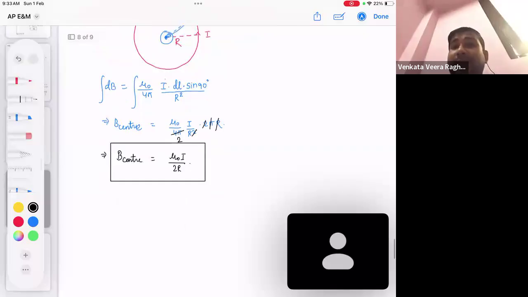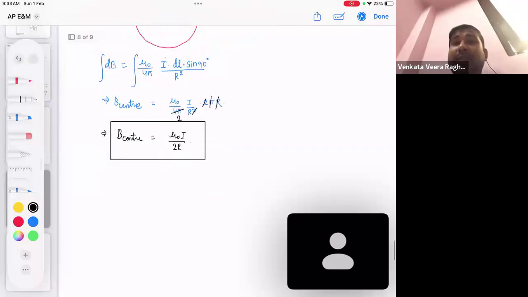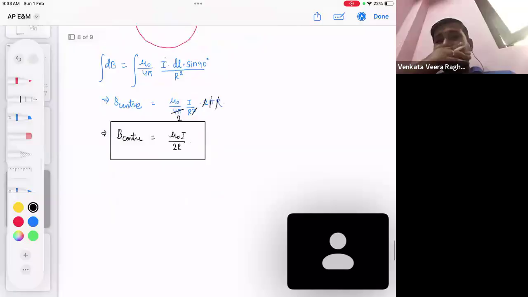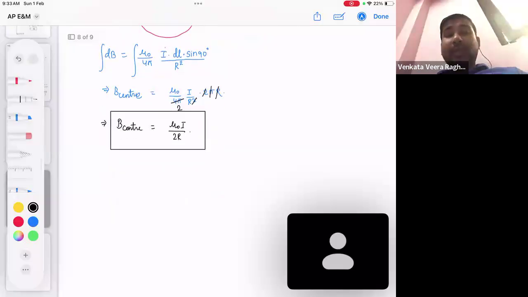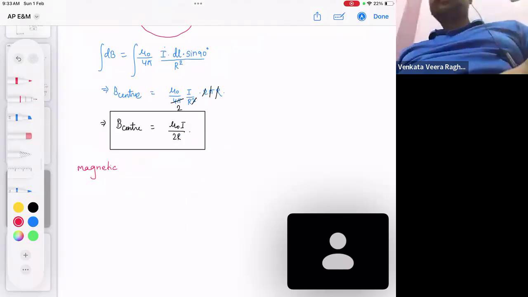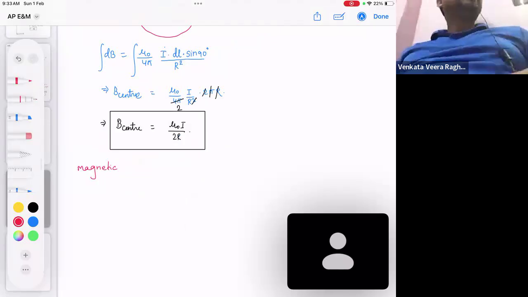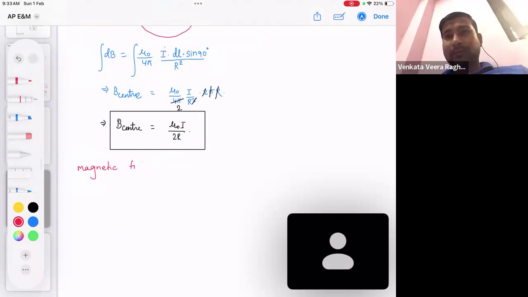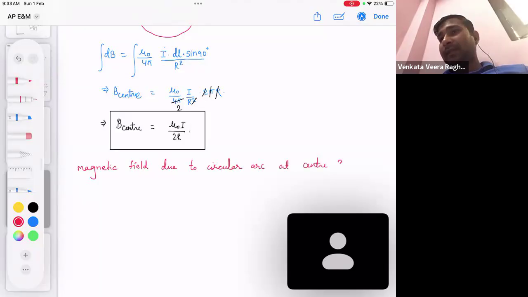So the magnetic field due to a circular arc, if you are calculating, instead of the complete loop, the magnetic field due to a circular arc, again at the center, we are going to calculate. So nothing new will come.